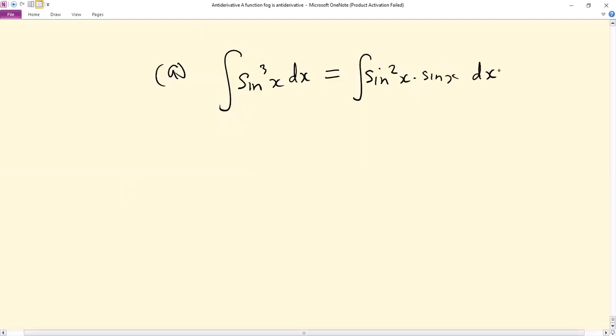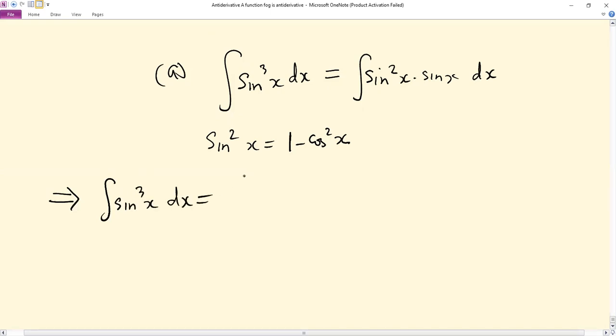There is nothing I've changed, because when you say sine squared times sine, you still get sine power 3. And we know that sine squared x is given by 1 minus cos squared x. So the integral of sine cubed x dx will be the integral.